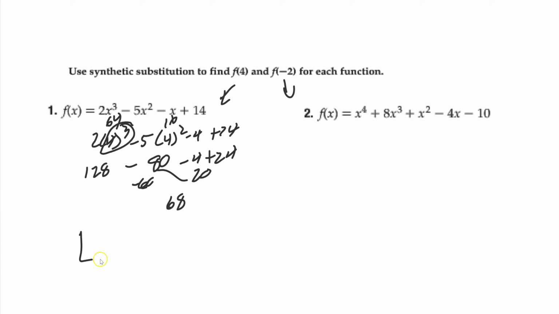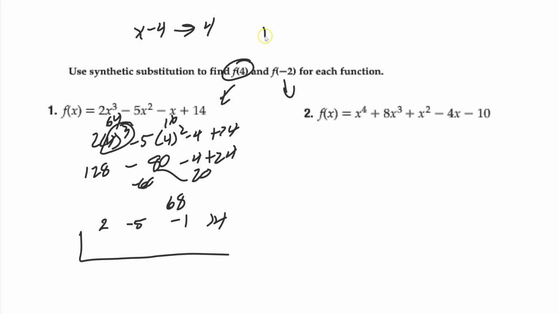Or you can do synthetic division. So we have 2, and put the coefficients, negative 5, negative 1, and 14. Now, since they want me to figure out what f of 4 is, I do not switch it. If they gave me x minus 4, you switch it to 4. But if they give you f of 4, just use 4. And let's see if we remember synthetic division. You bring the first one down, you multiply across, you get 8.